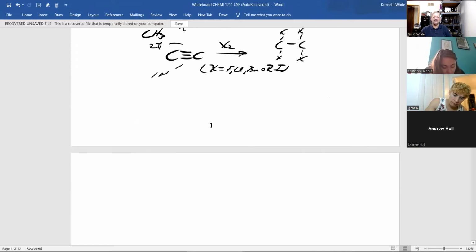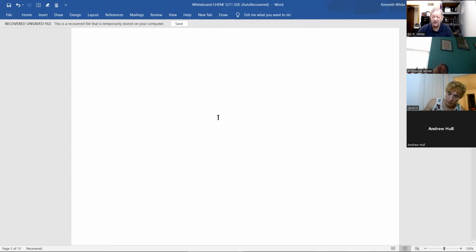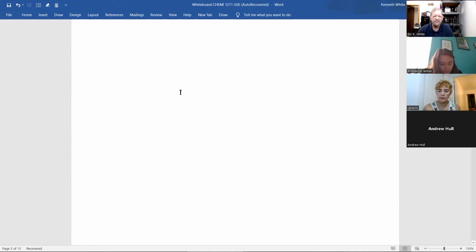Now, there are a few more things I want to talk about that I didn't have in the slides, but I'll do it the old-fashioned way. I'll draw it on the board. Now, let's look at the following molecule.